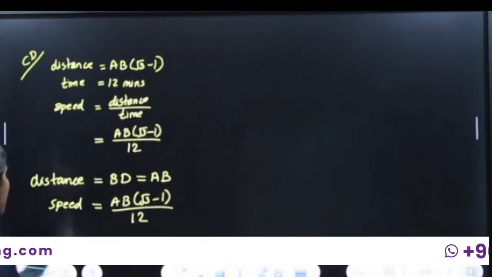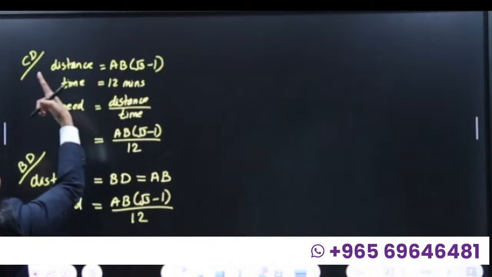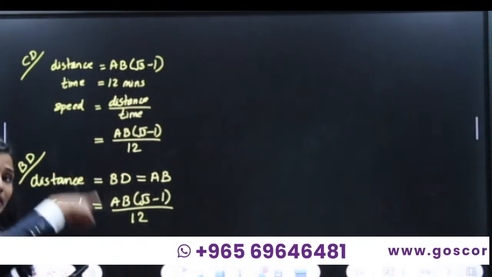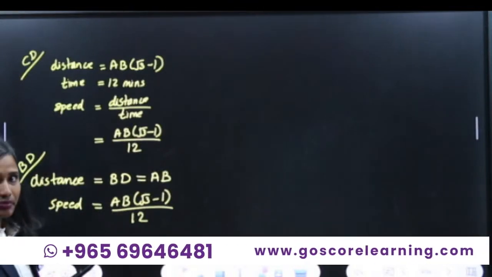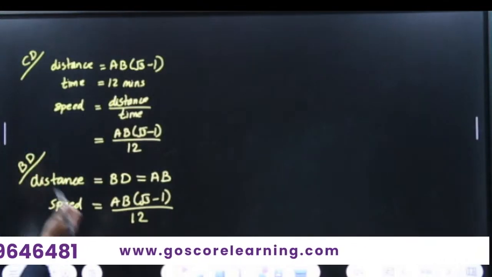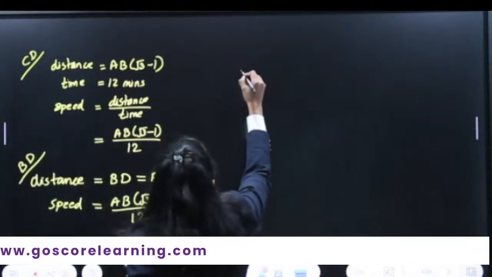We use the distance CD to find the speed of the car, then using that speed, we will find the time for the distance BD. So speed is AB into root 3 minus 1 by 12 and distance is BD or AB. So we can find the time.